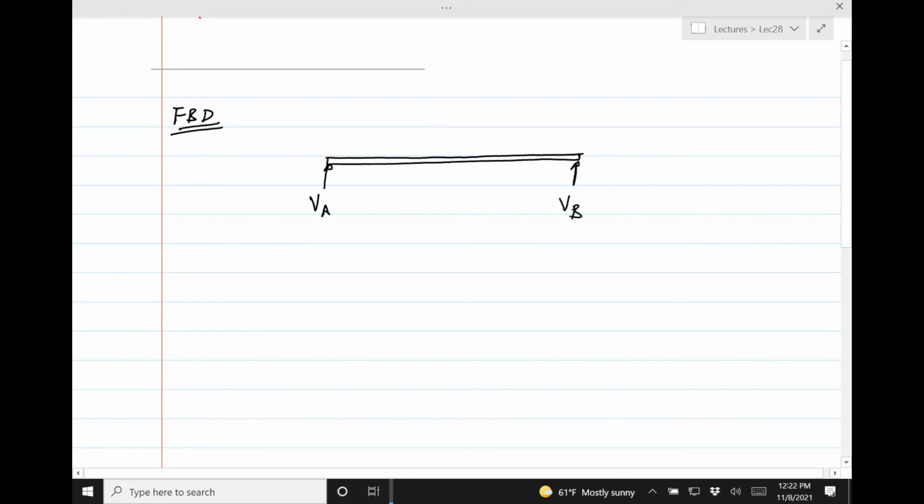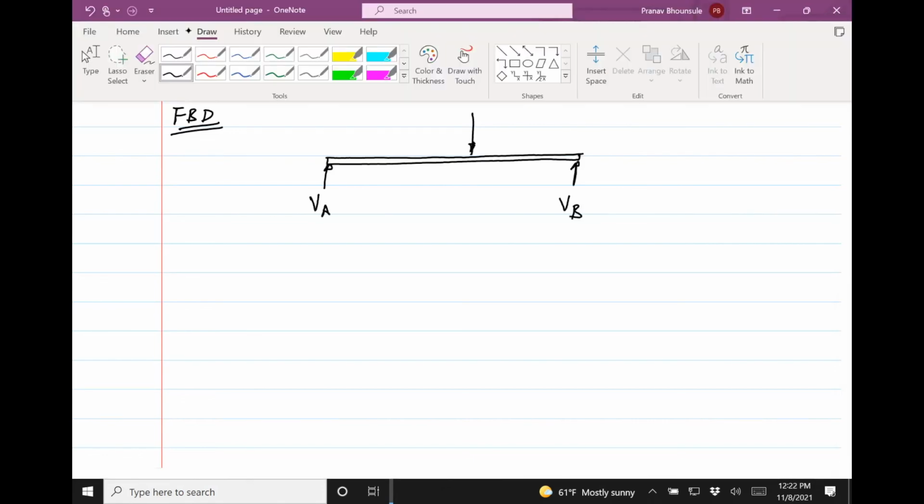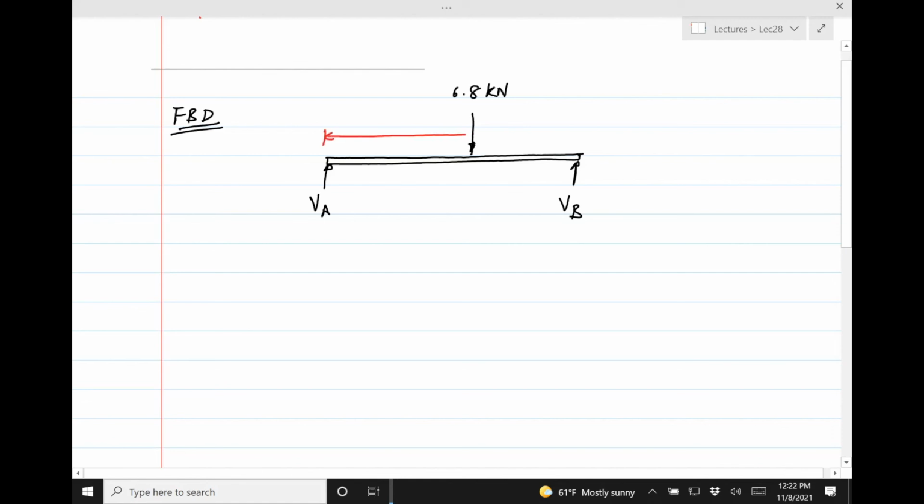Since A and B are the points, I'm going to call them BA and BB. The force is slightly to the right, not exactly in the middle. The distance of the force from the left side is 325 mm, and from the right, it's 225 mm.